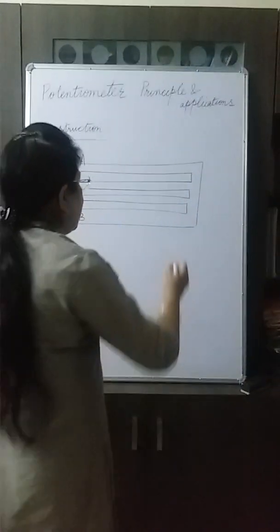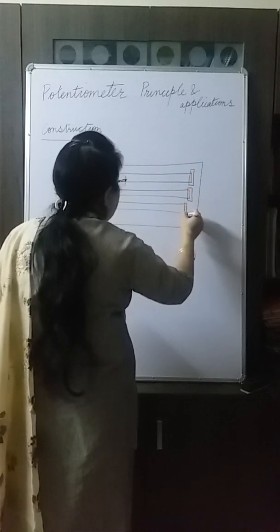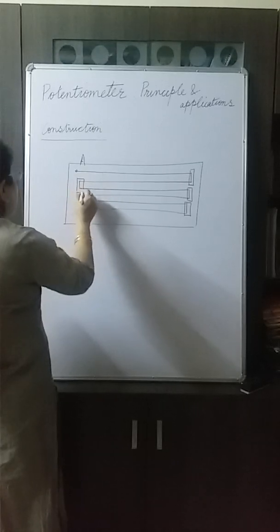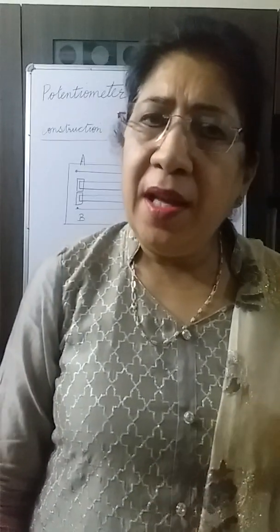Each section is connected to wide straight copper strips, and these sections are connected with each other. In a potentiometer, we may have a 4 meter length wire, a 6 meter, 8 meter, 10 meter, like this. And the more the length of the wire, the better is the potentiometer, its sensitivity is better.